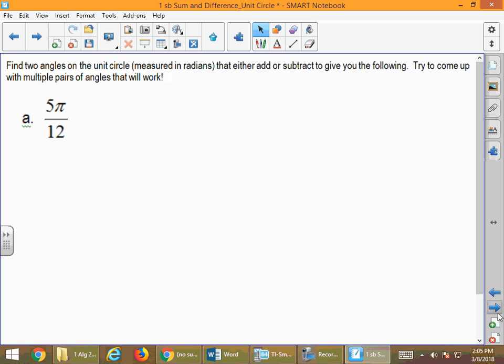But what I'd like to show you is how I approach this, because for some people fractions are a difficult concept. The thing that I know about fractions is when we add or when we subtract fractions, we have to have a common denominator. So what I see in this problem here is that we've got a 12 in our denominator.